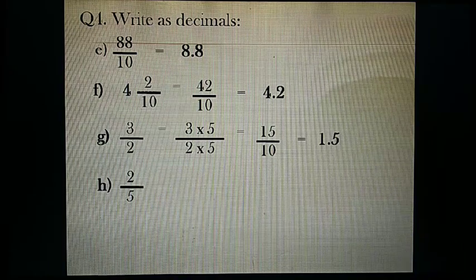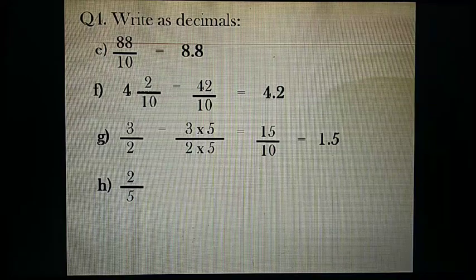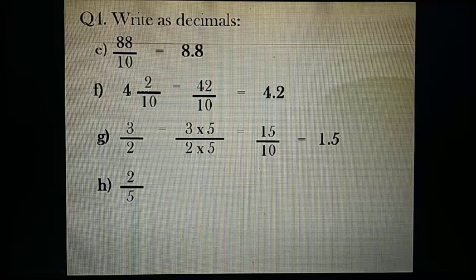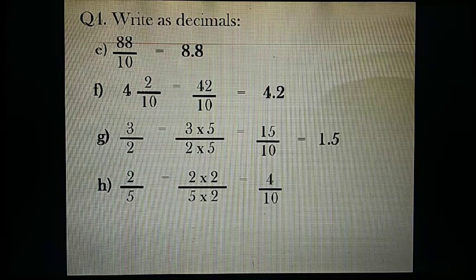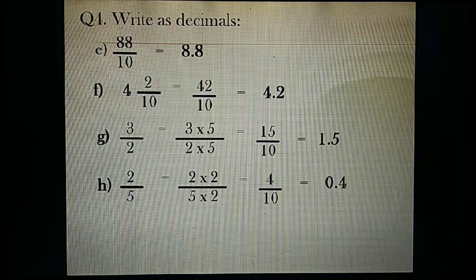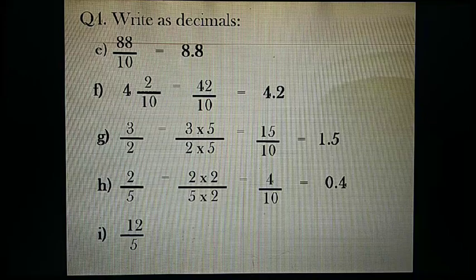Again, 5 is in the denominator, which is not a multiple of 10. To make it 10, we will multiply 5 by 2. The same thing we will do in the numerator. Finally, we have 4 upon 10. One 0 in the denominator means point after one digit from the right. Next, 12 upon 5.